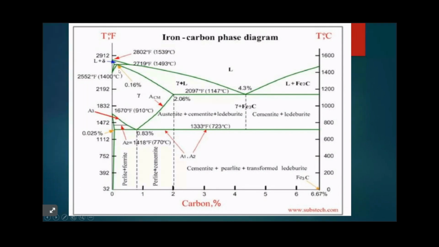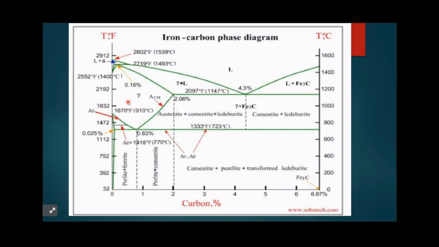Then the temperature will slowly decrease and different structures will be obtained. First of all, it will obtain the structure of austenite. This is the austenite stage.